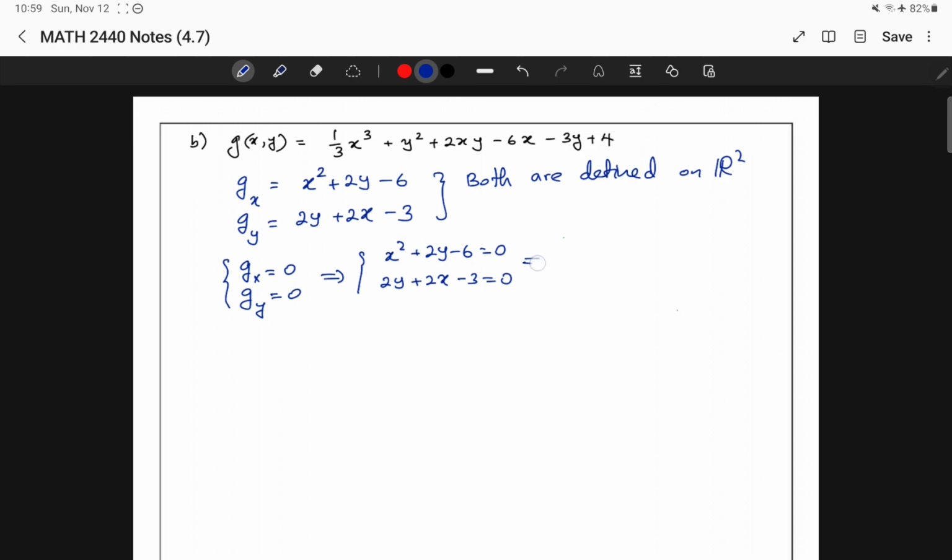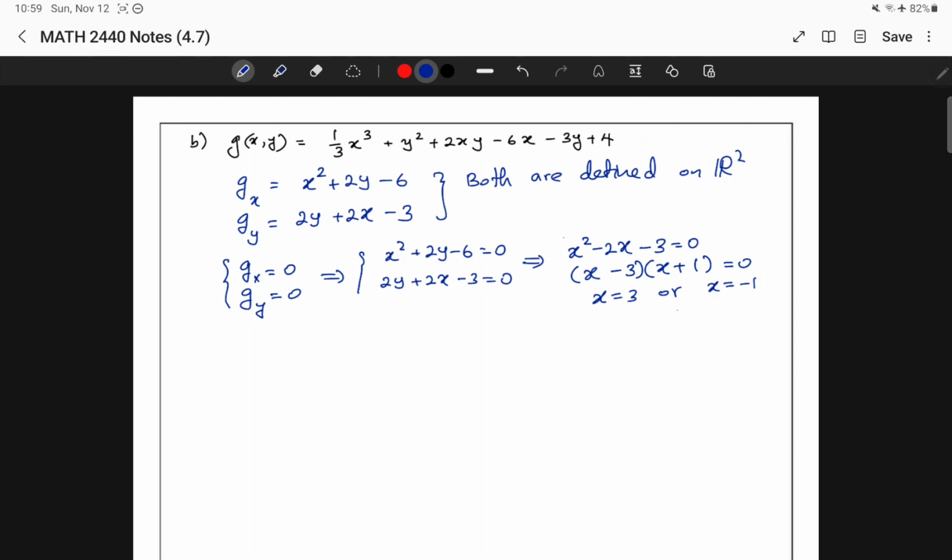Now we can eliminate 2y just by subtracting them. You get x squared minus 2x minus 3 equal to 0, which can be factored, with factors negative 3 and positive 1. So you get two answers, x equals 3 or x equals negative 1. So plug it back into the previous equation.